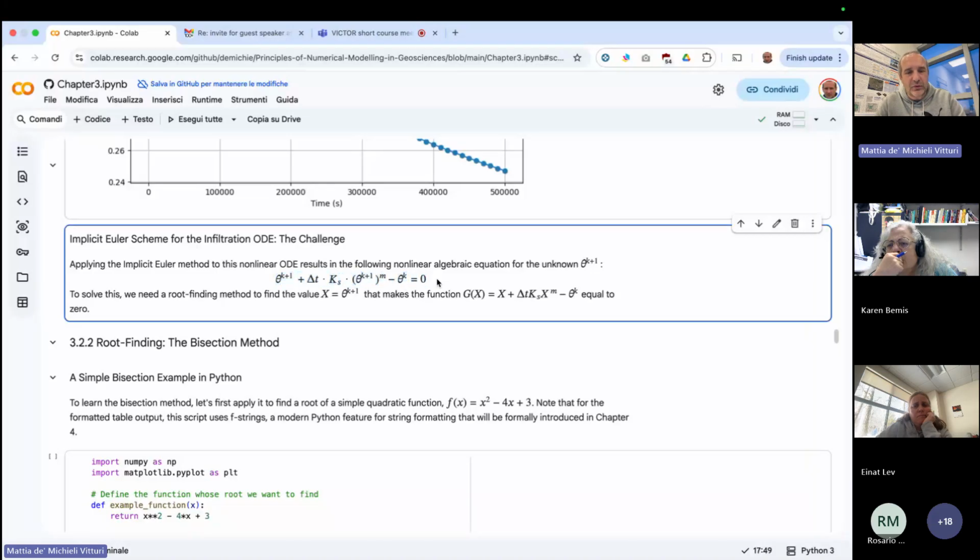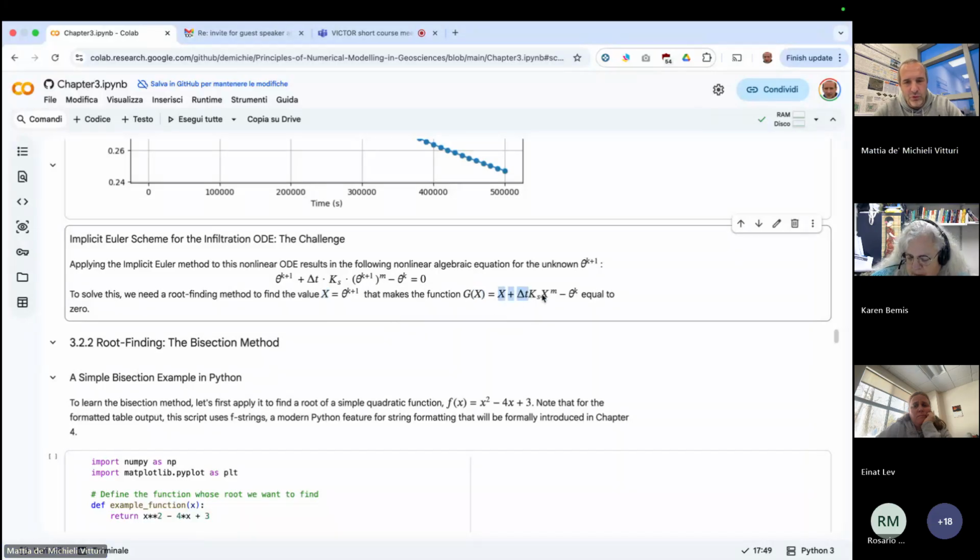So we need to find here what is the value of theta k plus 1, which is a solution of this equation, where delta t, ks, and theta at the previous time step are known. So if theta at the new time step is denoted with x, our problem is to find the values of x for which this is equal to 0.